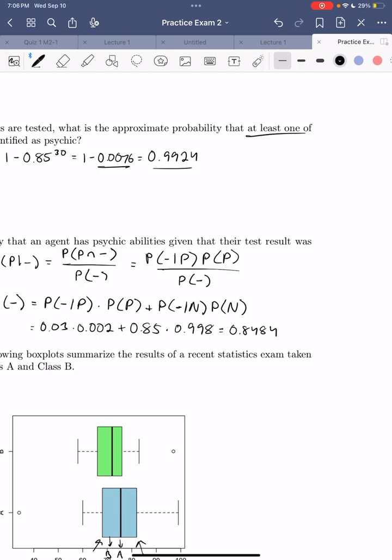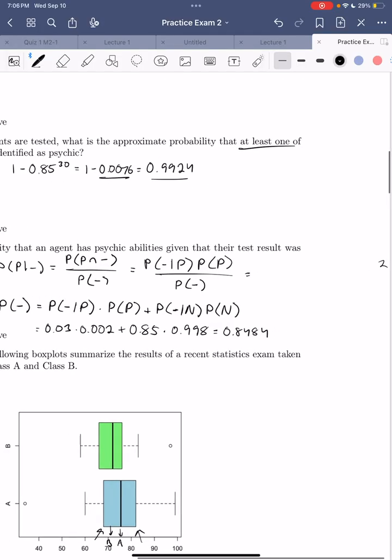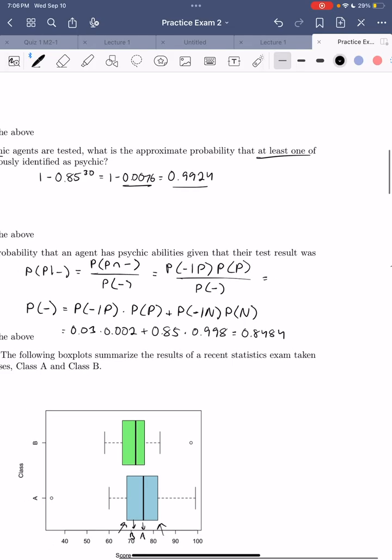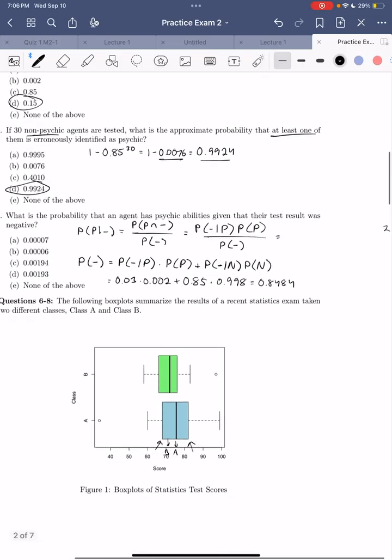And now we can plug those values into our Bayes theorem equation. So we have the probability of a negative result given that the agent is a psychic. Given that the agent is a psychic, the probability of a positive result is 0.97, so negative is 0.03.